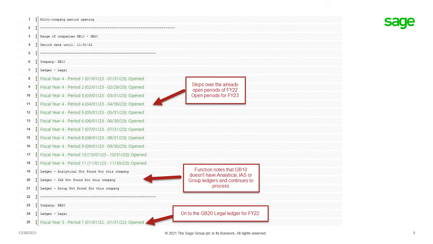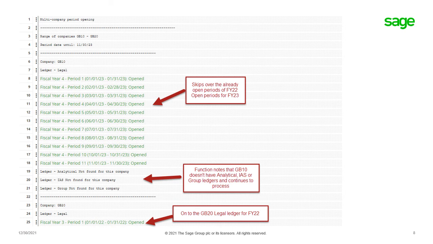It goes all the way through, and it stops at November 23 as we requested. It notes that GB10 doesn't have the analytical, the IAS, or group ledgers, but it just continues to process.